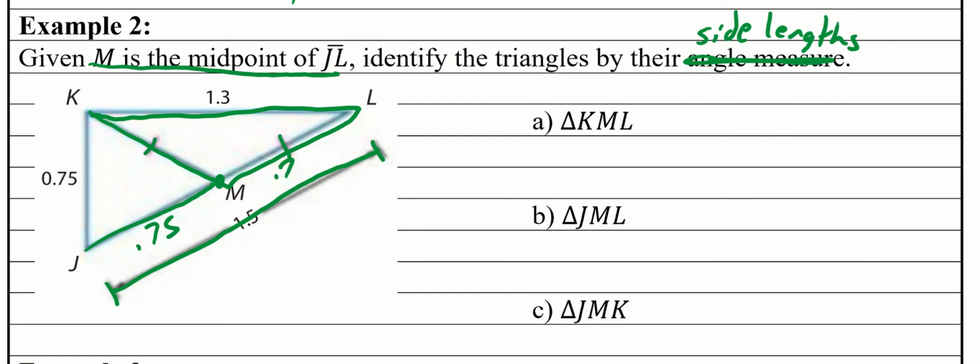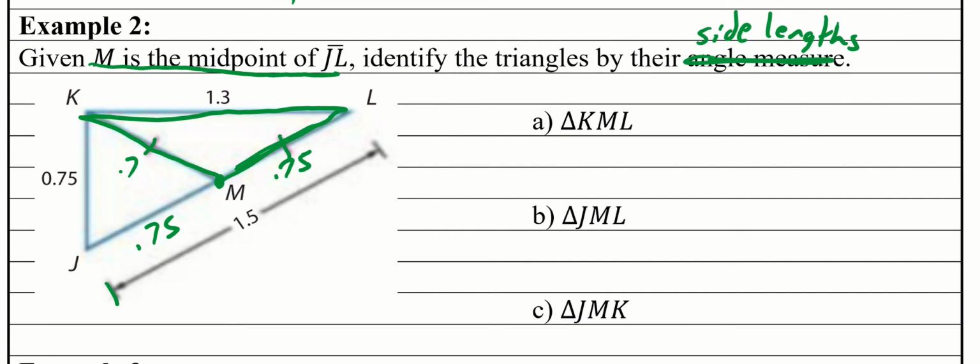And then this side length right here is also going to be 0.75, each of those halves. And again, we get that because M is the midpoint. Okay, and then since we know that we have this dash mark here with line segment ML, that means the other line segment with that dash mark is also going to be 0.75 as well. So that little piece of information gives us the rest of the sides that we need for this.